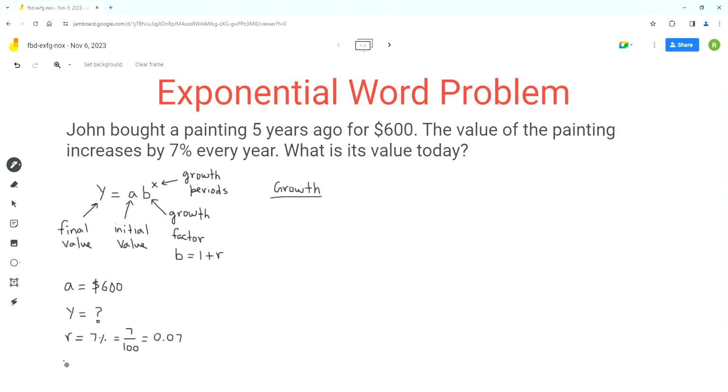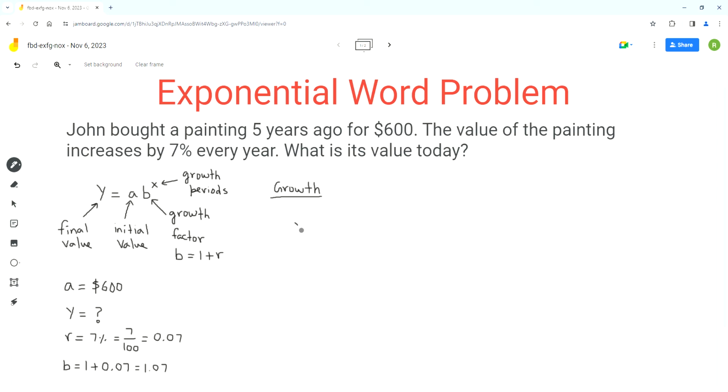And now we can calculate the value of b. So b will be equal to 1 plus 0.07, which is equal to 1.07.